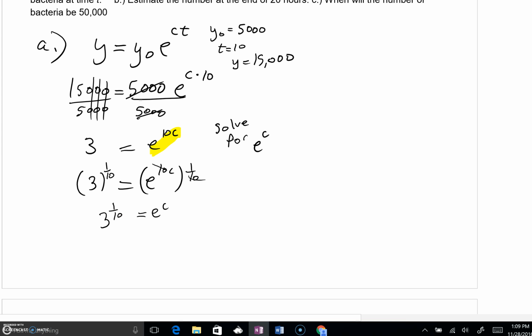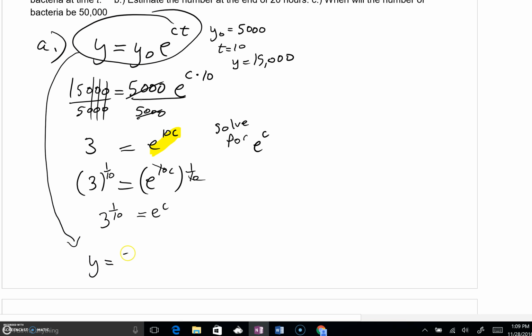Guys, right now you have really all that you need to write your equation. Remember, your equation is y equals y naught. So I'll say y equals, well, my beginning population was 5,000. Now I'm going to have e to the c, and e to the c is 3 to the 1/10. It's really like e to the c raised up to the t power.